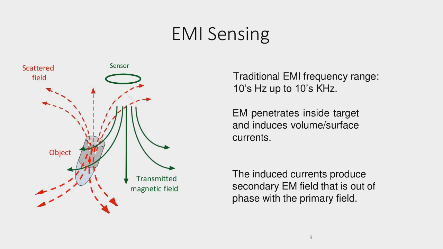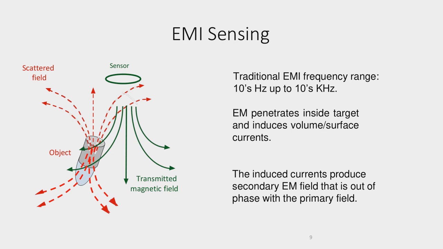So now for this problem, we are using electromagnetic induction sensing. And electromagnetic induction sensing, in few words, you can imagine as follows. We have a sensor which produces this transmitted magnetic field, or we call this primary magnetic field.